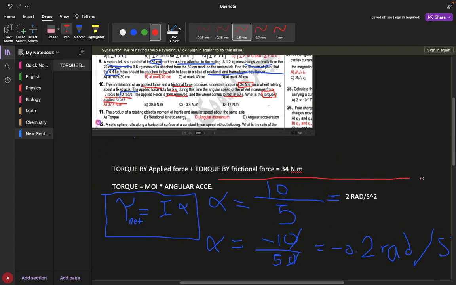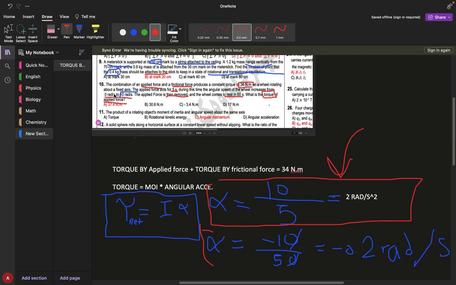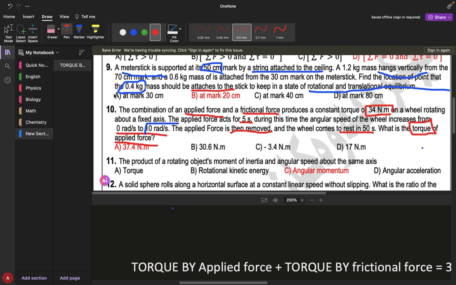Why did I use this one and not this one? Well, it says that the applied force acts for 5 seconds. It is within this 5 seconds where the combination of both torques equals 34 Newton meters. And it's only through that duration I can find the torque of the applied force.